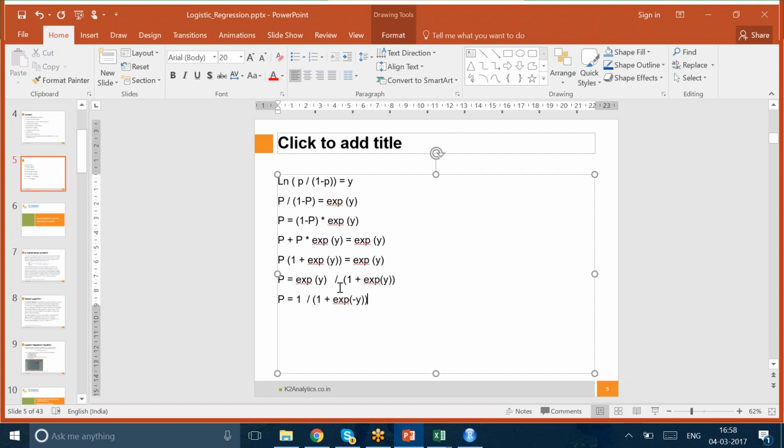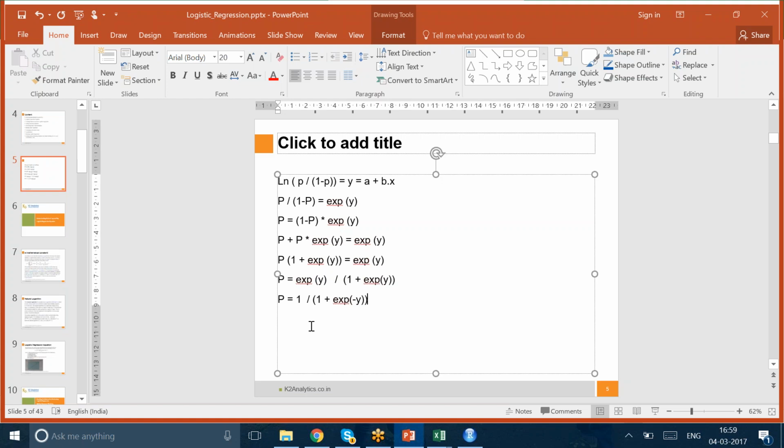This 1 divided by exponential y, 1 upon x is equal to x raised to minus 1. So this becomes exponential minus y. This is my formula. And what is this y? We started this y as a plus b dot x format.